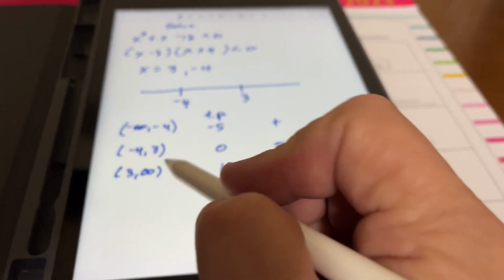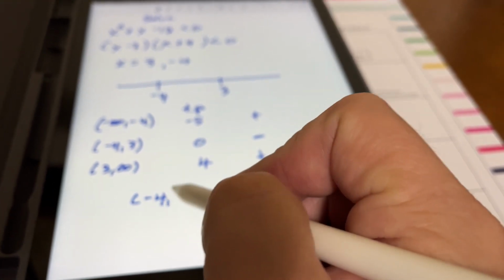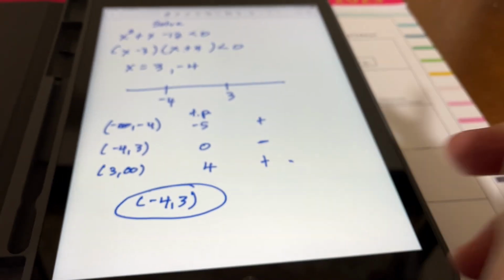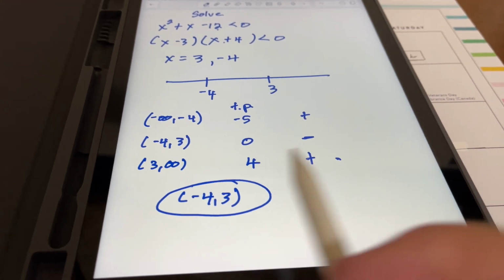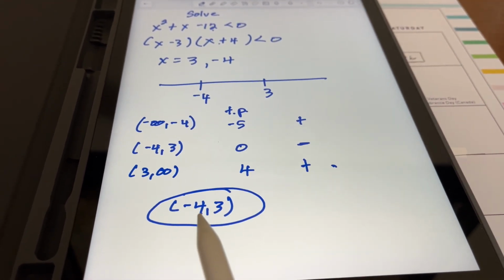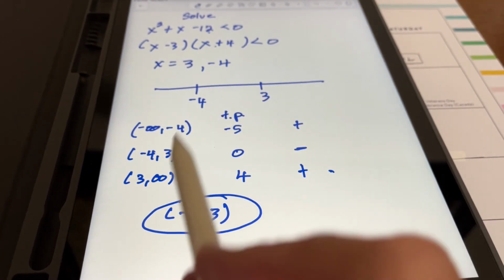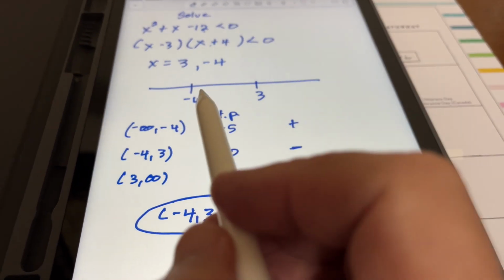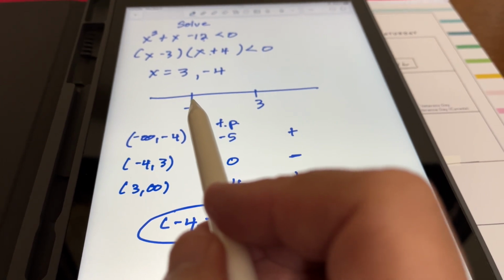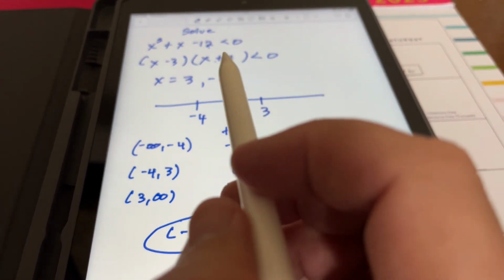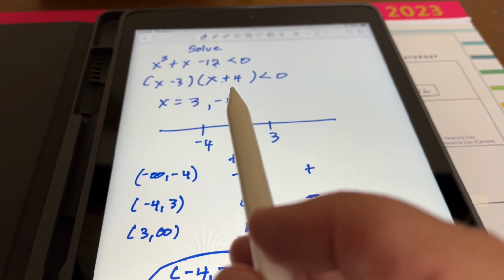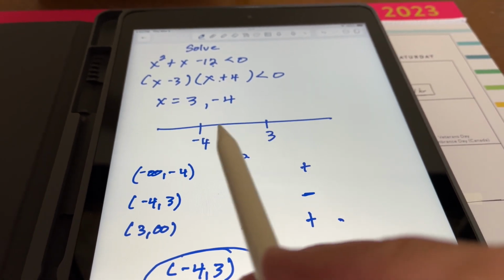So the solution here is from negative 4 to 3. And that's what this means. This is not an ordered pair. This is saying from negative 4 to 3. And the fact that I have parentheses means that negative 4 does not and 3 does not yield a correct answer to this, but it's everything in between there.